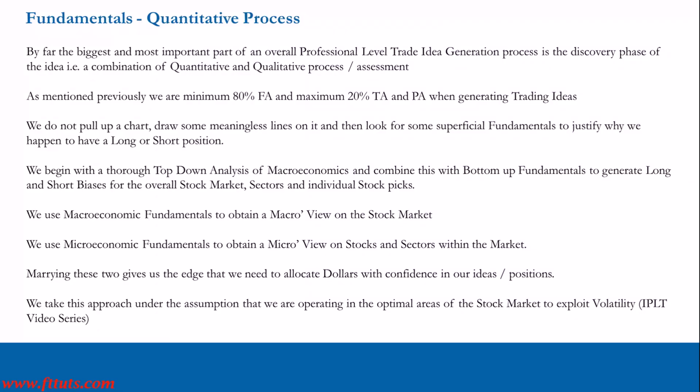And that was covered in the IPLT video series. So we understand which area of the market that we need to be in to get consistency in returns, okay? To become consistently profitable, we understand the area that we need to be in within the market, and then we use a process to generate the ideas and to generate those consistent returns.